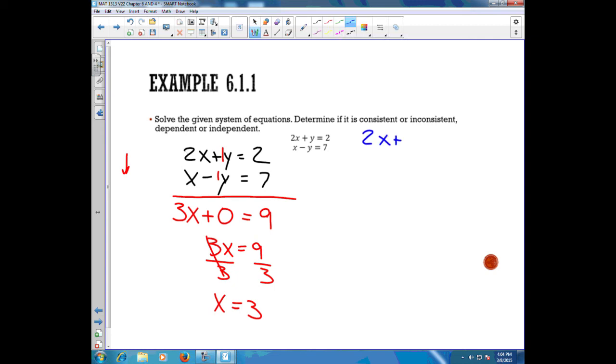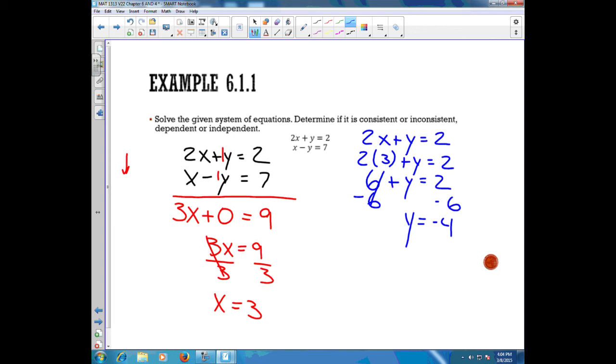So we have 2x plus y is equal to 2. If we know x is 3, then we can solve for y, just subtract 6 from both sides. We get y equals negative 4. x equals 3, y equals negative 4. Our ordered pair is going to be x comma y, which is 3 and negative 4.